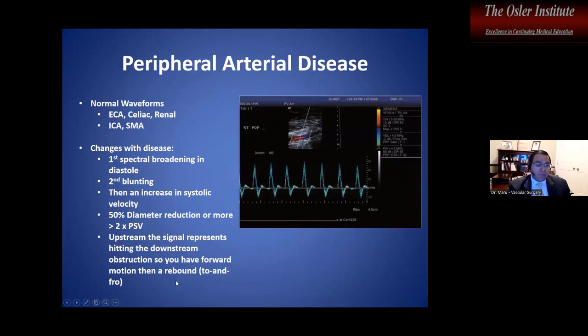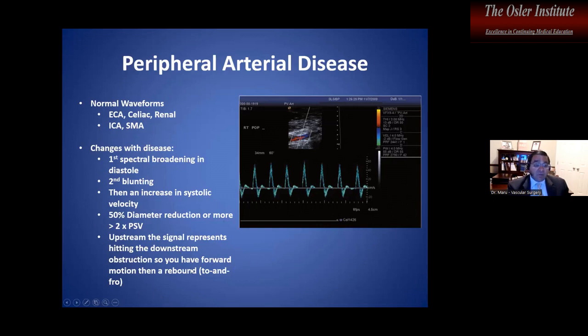Normal waveforms, we'll look at when you go to interrogate or look at this, right? When you see changes with disease, first you look at spectral broadening, right? Things start to widen out. Then you'll look at blunting, the peak systolic and end diastolic will start to come down, and an increase in systolic velocity of greater than 50% or more, and then that doubles your peak systolic, right?